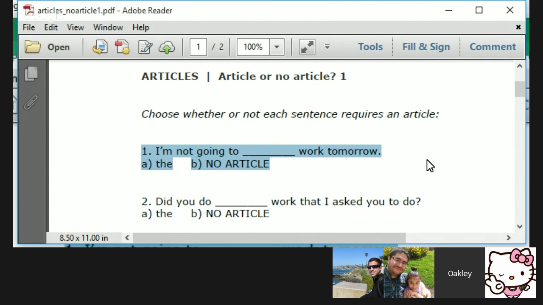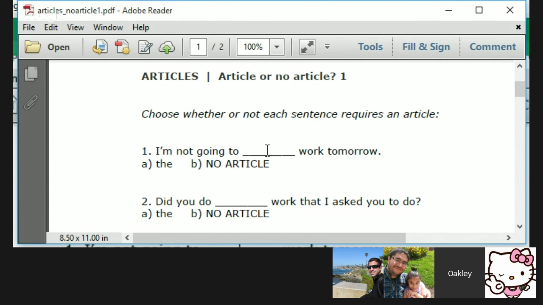I'm not going to work tomorrow. I think it's because it's an action, not a specific kind of word. So it's no article, absolutely. Work here is uncountable. Work is an uncountable noun, actually.